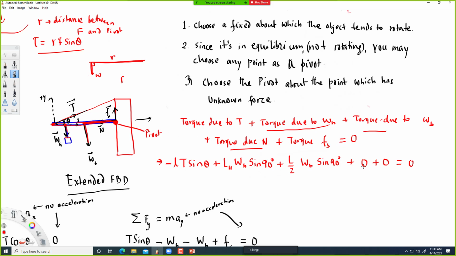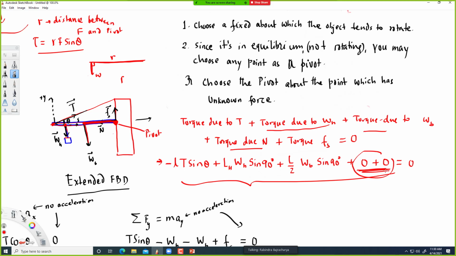So that's why it's 0. Same thing with friction. Friction is applied at that point and pivot is also at that point, so that's 0. Okay, so that's Newton's second law for rotational motion, which is the answer for D. And because these things are 0, we don't need to deal with friction force and normal force. That's the reason we are considering the pivot at the point where we have unknown forces. If we do that, that makes it 0 and you don't have to worry about those forces.